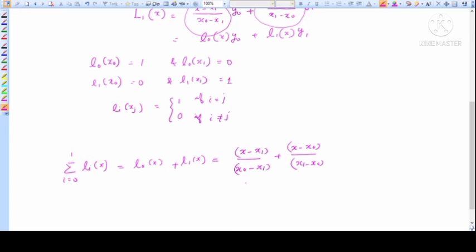If we put x0, it will be 1 plus 0. If we put x1, it is 0 plus 1. In both cases, you will get the value equal to 1.